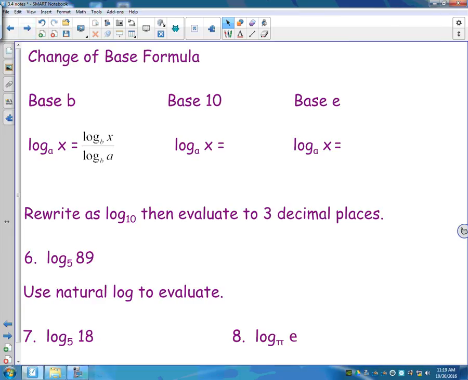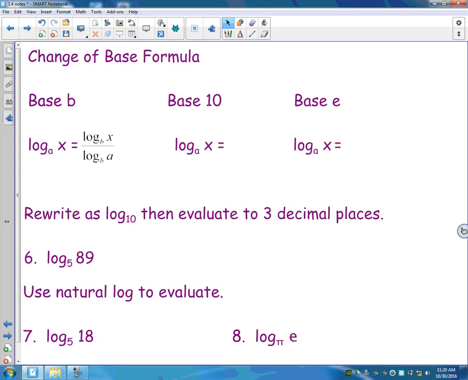So last thing here is the change of base formula. And maybe you remember this from last year, but the change of base formula is how, if your calculator only does log, common log, and ln, which is base e, you can use it to change any logarithm so you can evaluate it on your calculator, which is why we have a no calculator part of this test.